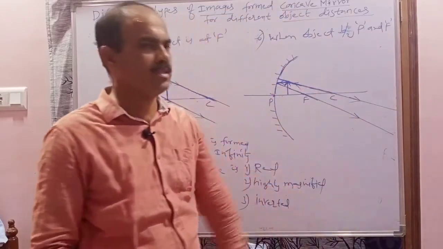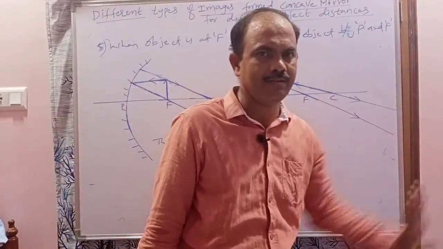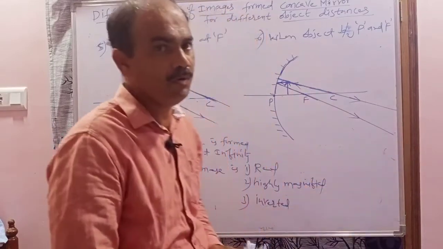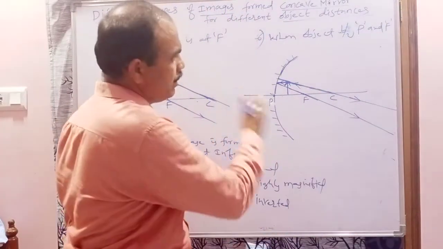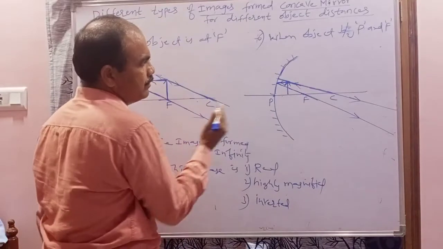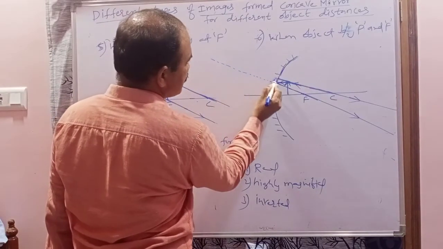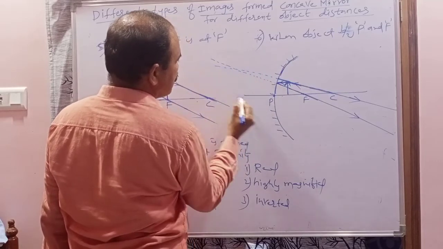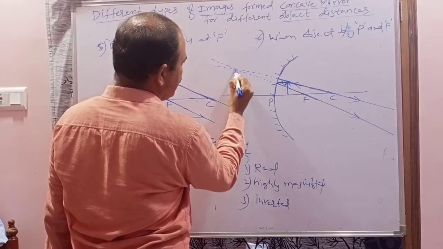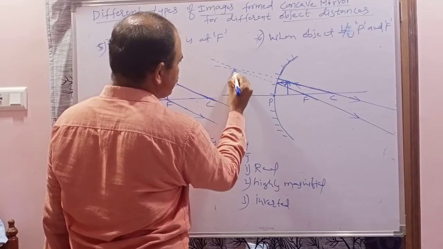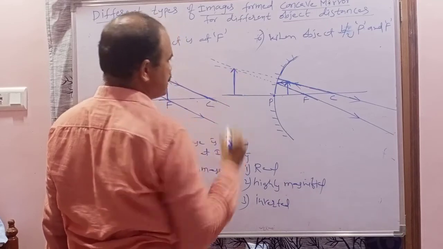There is no possibility of real intersection. But where is the image formed? We have to extend them backwards. When these reflected rays are extended back, where is the image forming? Here the image is forming. This is the position of the image.